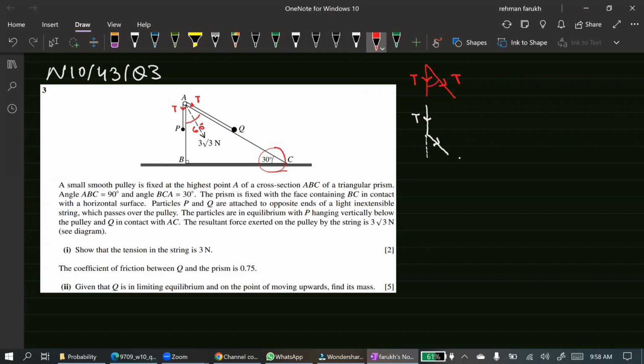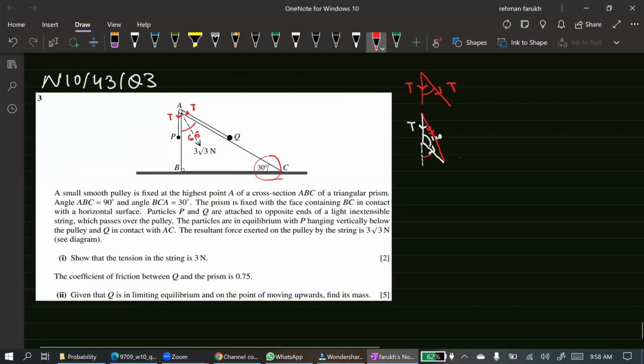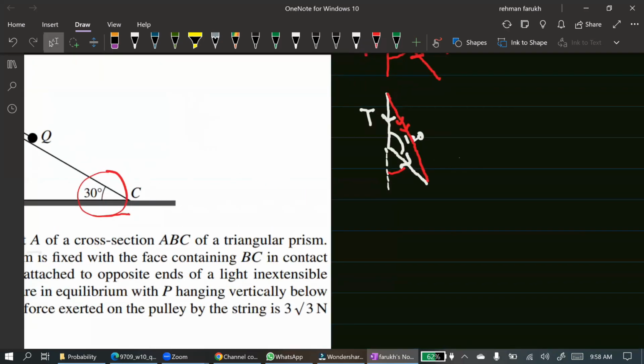This angle is 60. This angle is 60. This angle is 120. The resultant of the two forces is joining the tail of the first with the head of the last. This one is the resultant of the two forces. This force is also T.